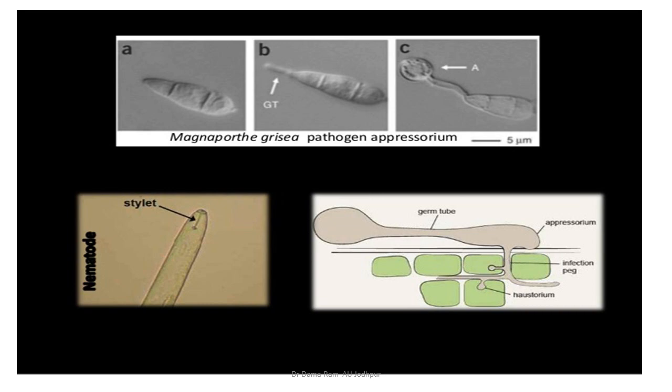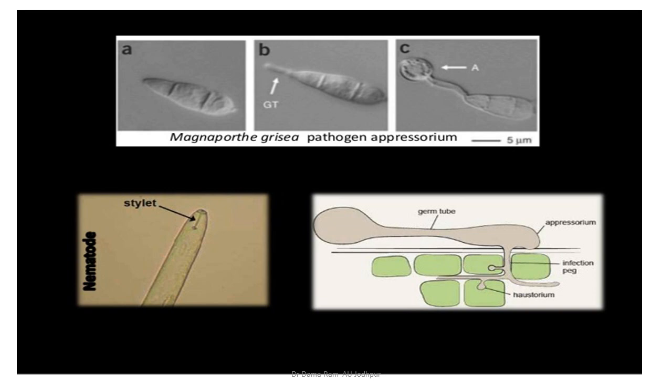Here you see the bulbous part of that fungus germ tube, the appressorium. The appressorium makes a slight knob-like structure, the penetrating peg, through which it can penetrate or attach to the plant surface, and then it forms haustoria for absorbing food nutrition.